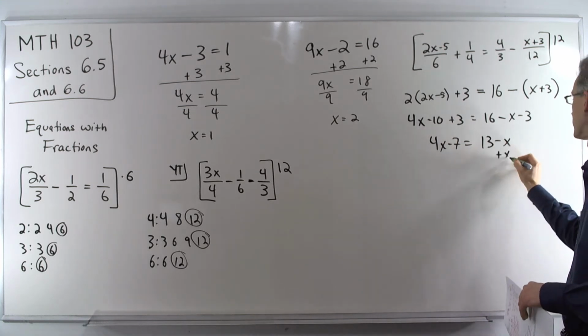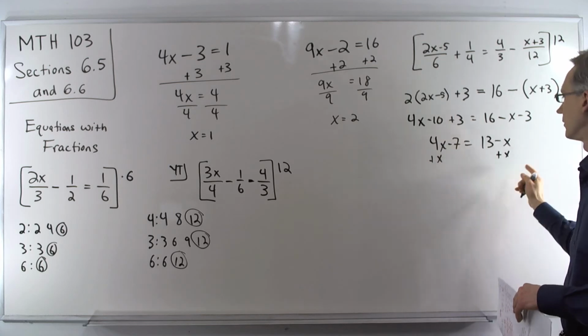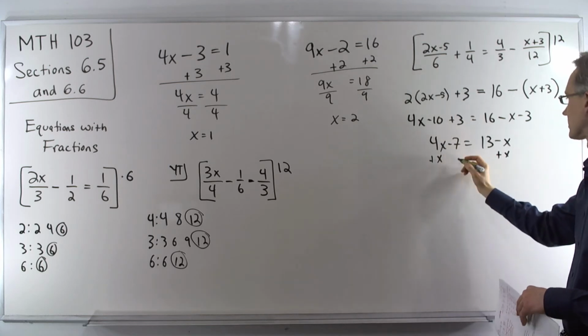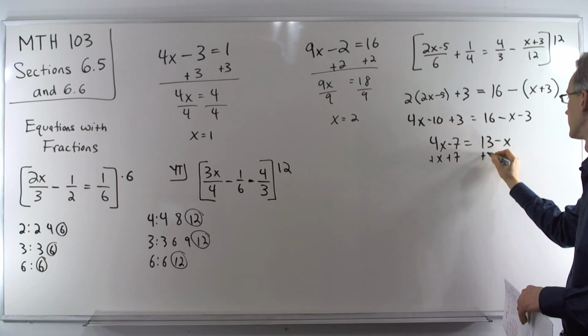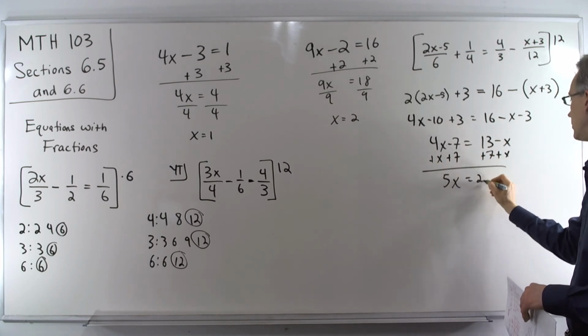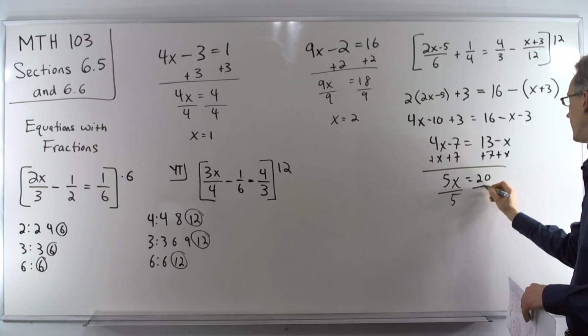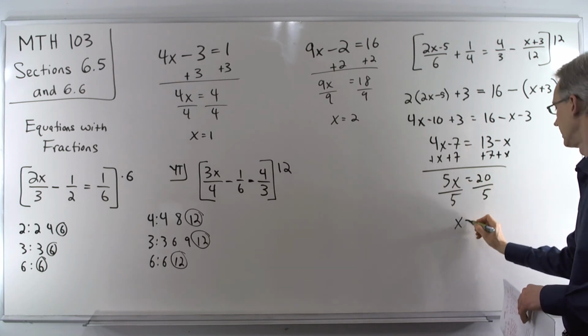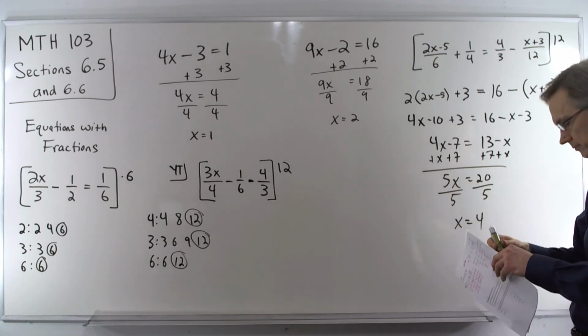I'm going to add x to both sides. That moves the x's to the left, so I'm going to move the numbers to the right by adding 7 to both sides. So that gives us 5x equals 20. Divide by 5 on both sides, and x equals 4.